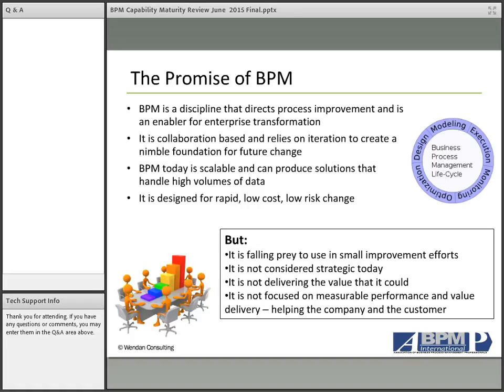But we also find that it's really being mostly used in smaller efforts. The larger efforts that it's being used in are pretty much driven out of IT and are technology-based. It's not considered to be strategic in companies today.